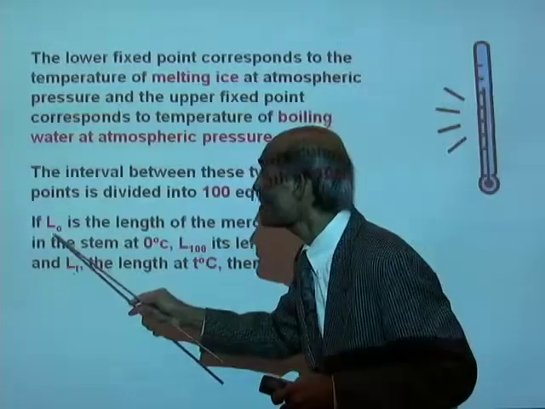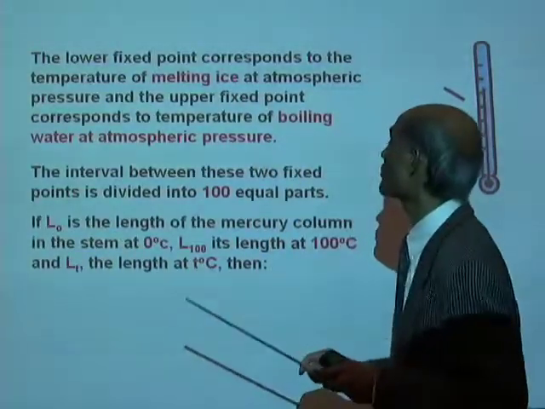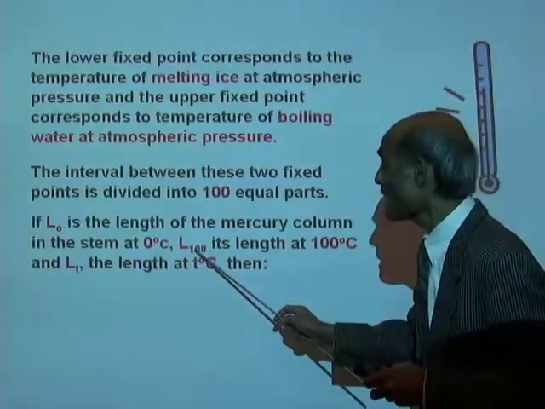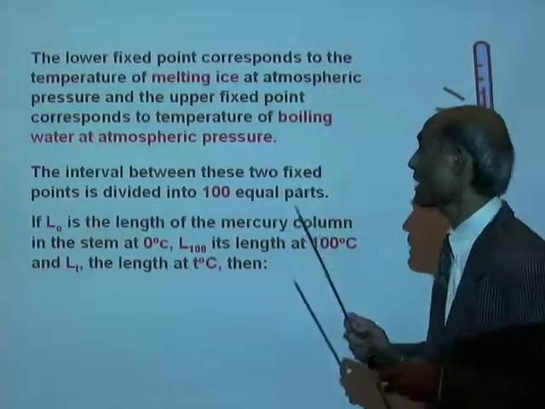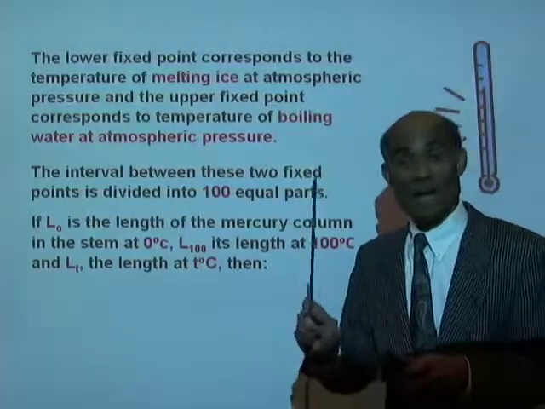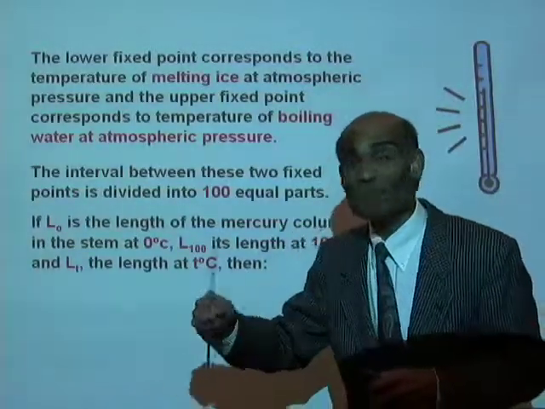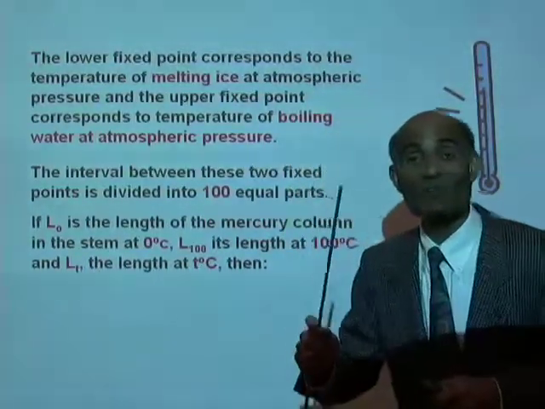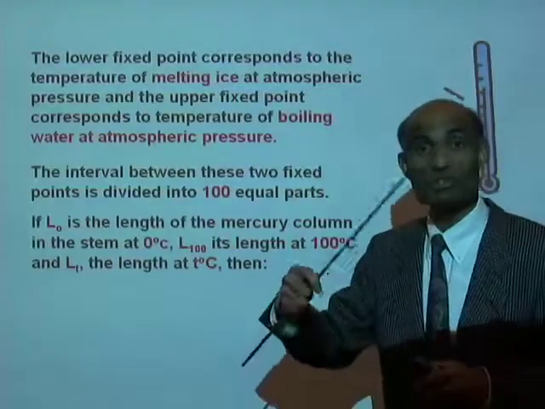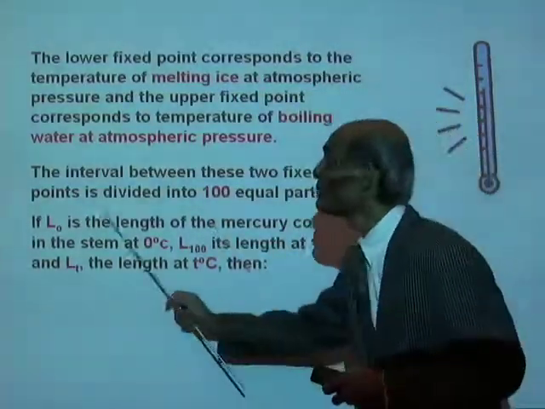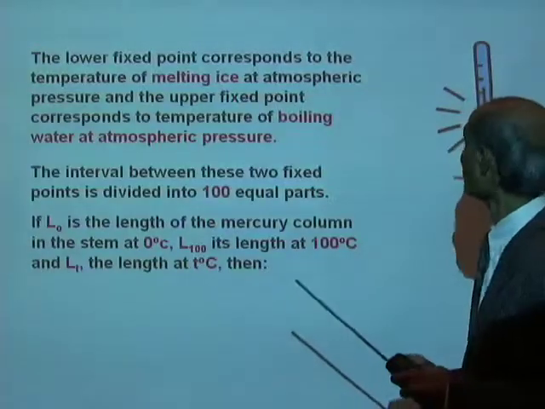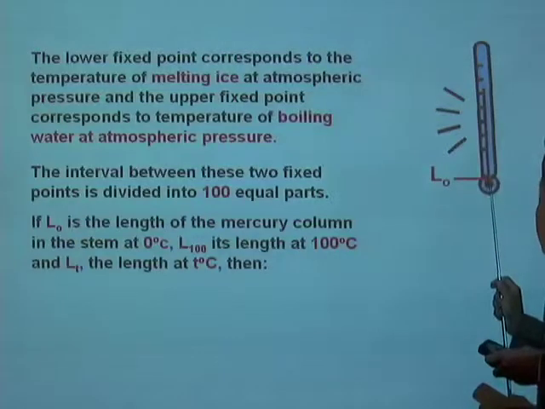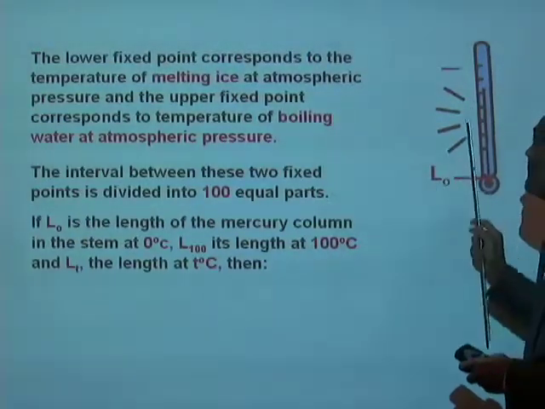Now, if L0 is the length of the mercury column in the stem at 0 degrees Celsius, and L100 is its length at 100 degrees Celsius, and when you want to measure a particular temperature, if LT is the length of the mercury column at that temperature you want to measure, then we have a relationship connecting all those three quantities.